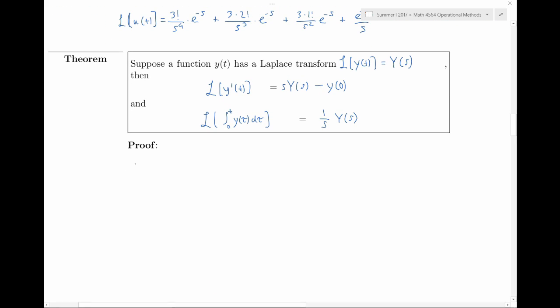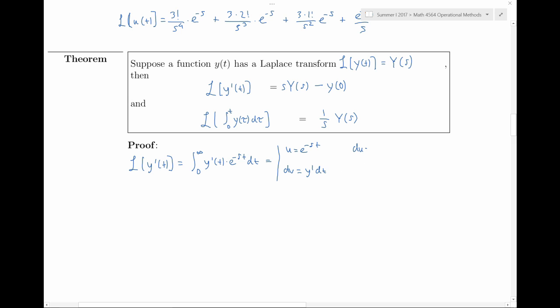Alright, let's prove it, and this time we're going to prove it directly. So we're going to take a Laplace transform of a derivative. We compute these integrals with integration by parts, and I'm going to assume that u is e to the minus st, and dv is y prime dt.